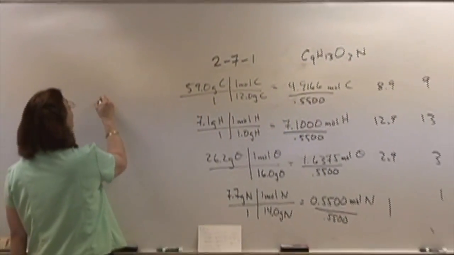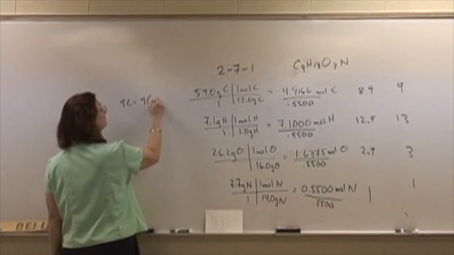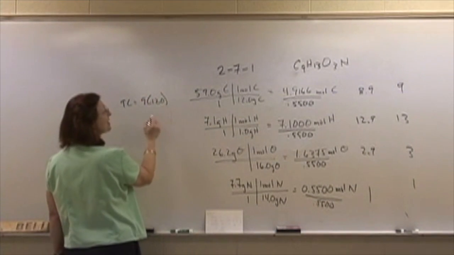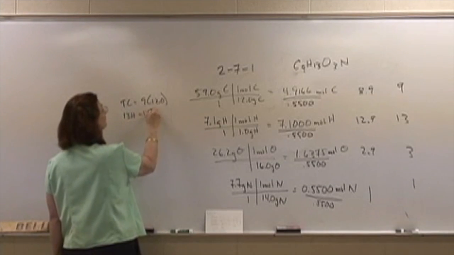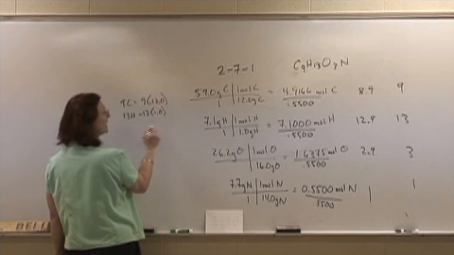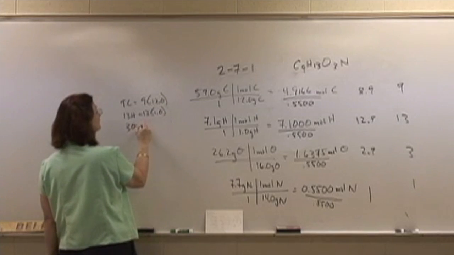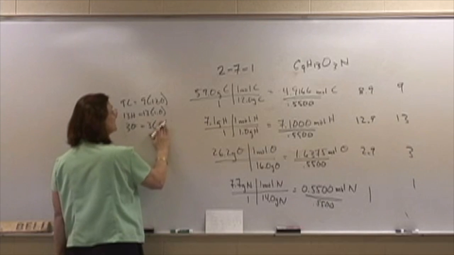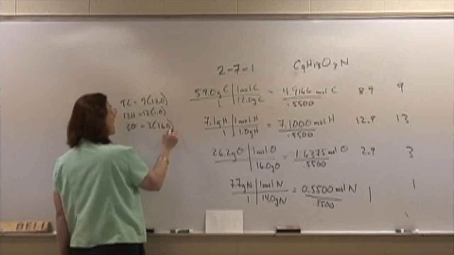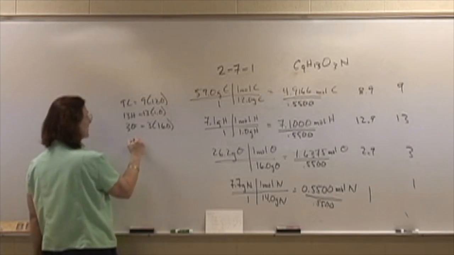I have 9 carbons, and I have 13 hydrogens, and I have 3 oxygens, which is 16, and I have 1 nitrogen.